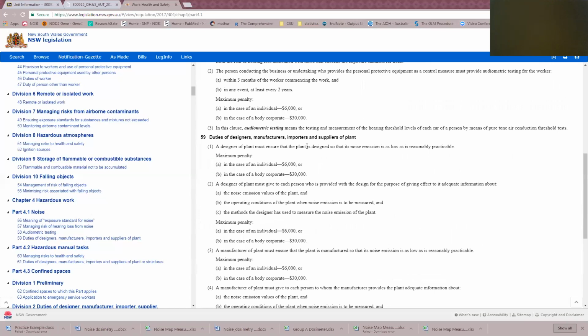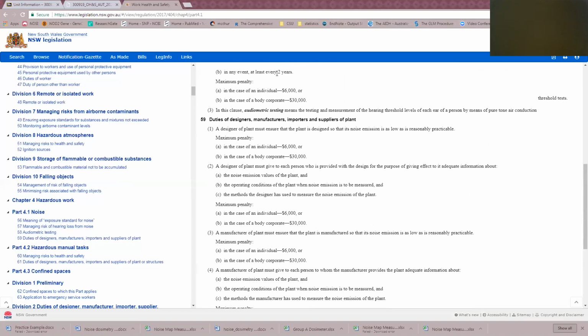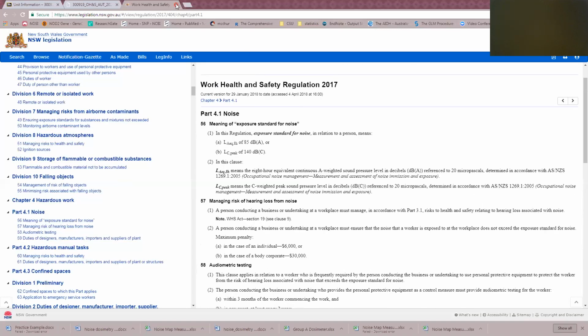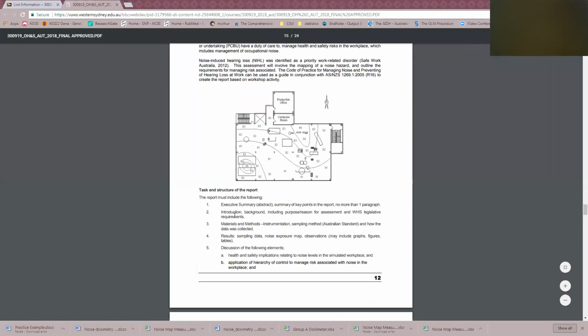So again, here's that low as reasonably practicable. When you look at some of the sources that we measured in the lab, you might want to think how these sources could be modified to actually lower the exposure in the workplace. So that's the legislation, and the legislation is something that would come into the introduction.